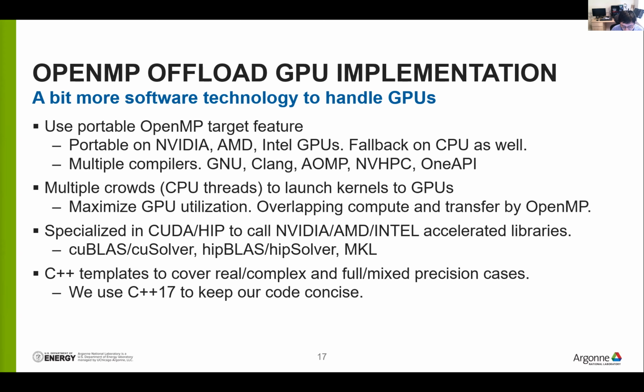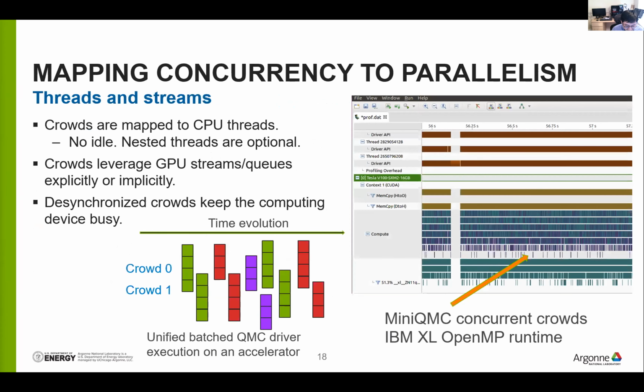We still need a bit of CUDA just to smooth out all the interactions, but we minimize the use of the CUDA kernel language. On the OpenMP side, we also use its CPU threads, so we have a nested architecture. We have OpenMP threads on CPUs, and each of them does OpenMP target offload. So this is the overall design.